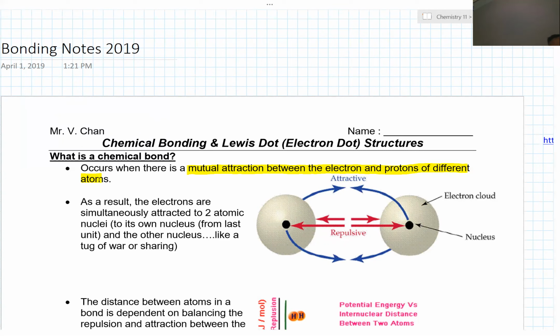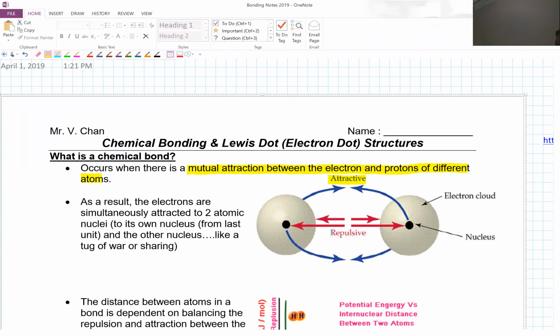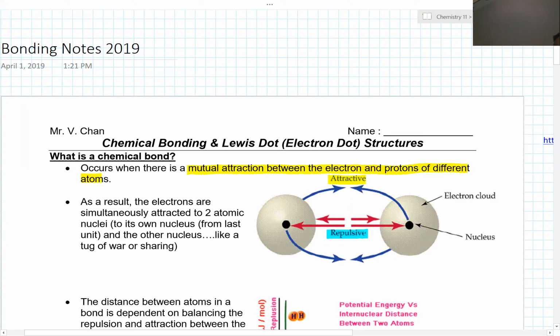Now, because there's a mutual attraction, what happens in a chemical bond? You have mutual attractive forces between the electrons of one atom and the proton of the other, but you also have a repulsion between the two nuclei and the two electron clouds.